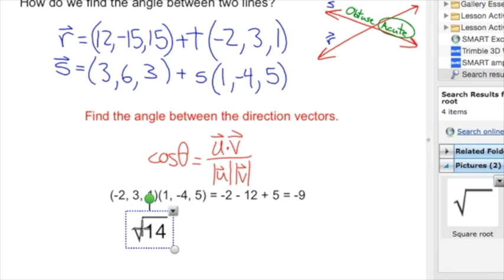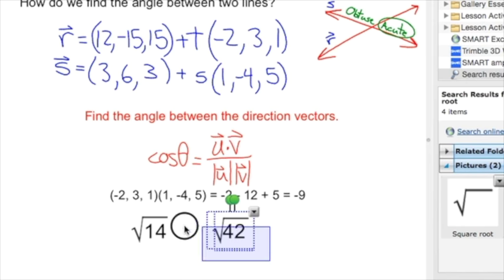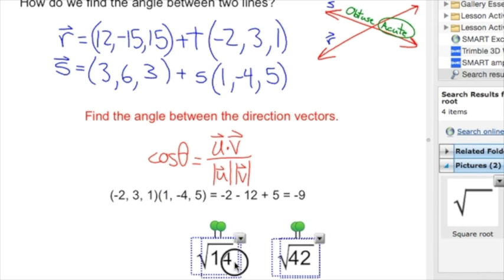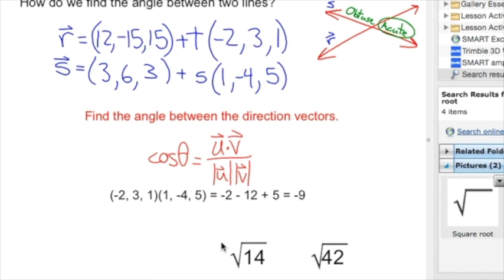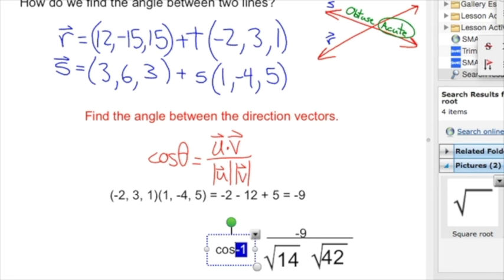So we have the square root of 42. Now we're going to put these in our denominator, and we're going to put negative 9 in the numerator. And now we simply need to take the inverse cosine of all of this.